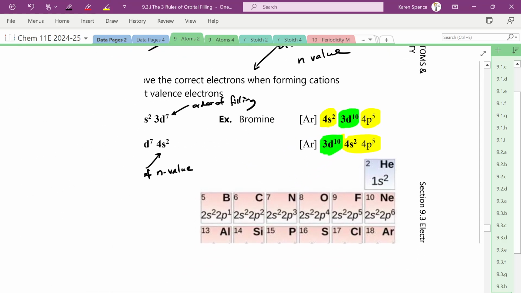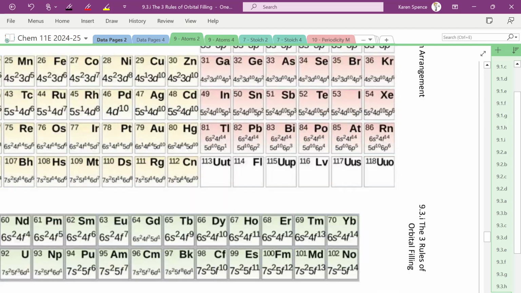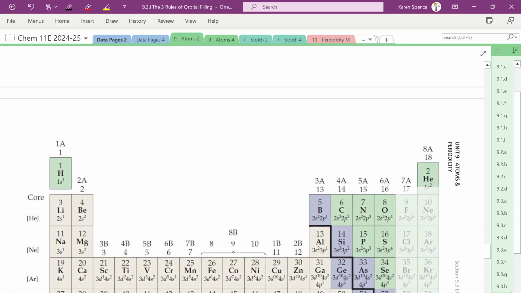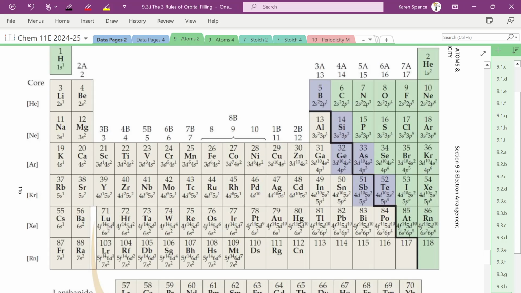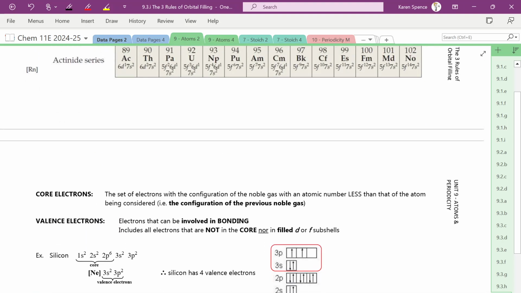There's a whole table with all the configurations in order of filling. Here's a periodic table with all the configurations in order of n value. So if you're interested in looking at that, go take a look.